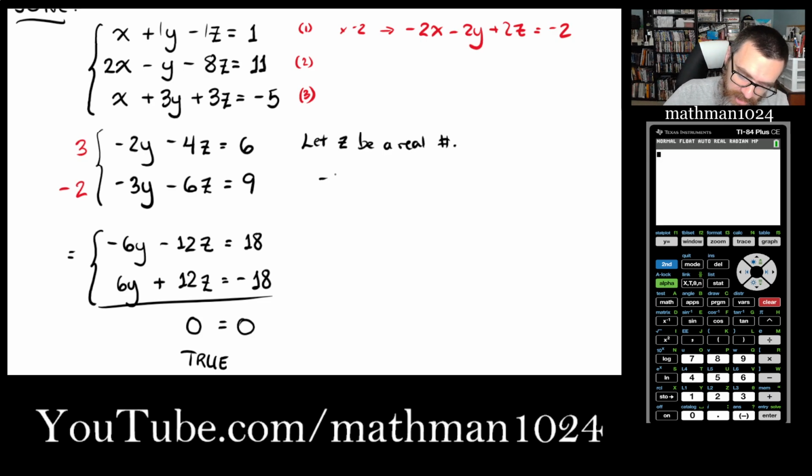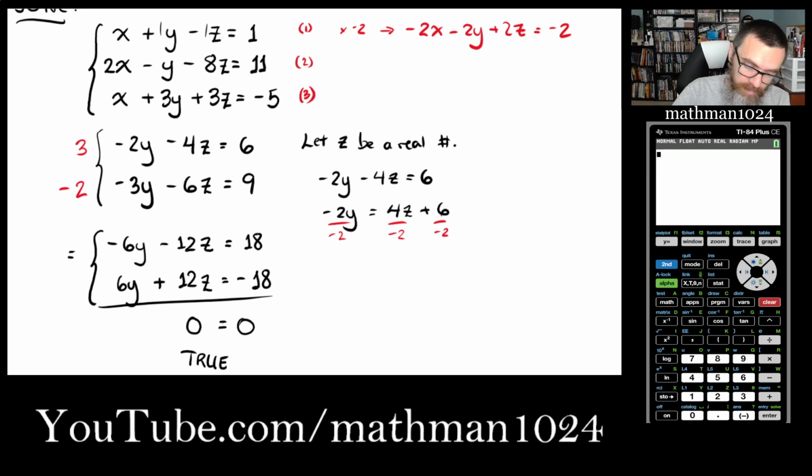So we can take this equation here, let's say negative 2y minus 4z equals 6, and solve it for y. So negative 2y equals 4z plus 6. Divide everything here by negative 2, which means y equals negative 2z minus 3.